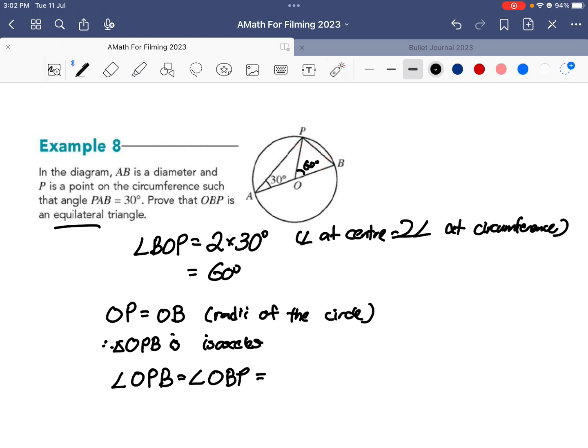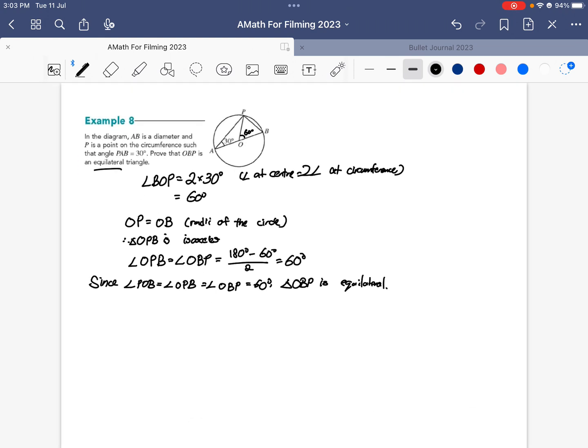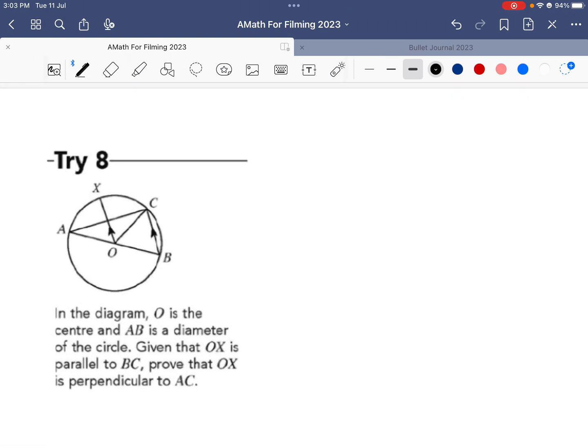What I mean is this angle and this angle are both equal to (180 minus 60) degrees divided by 2, which equals 60 degrees. Then since angle POB equals angle OPB equals angle OBP equals 60 degrees, this tells me that triangle OBP is equilateral. Alright, that's it for example 8.